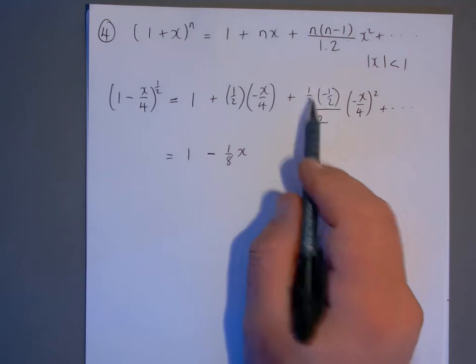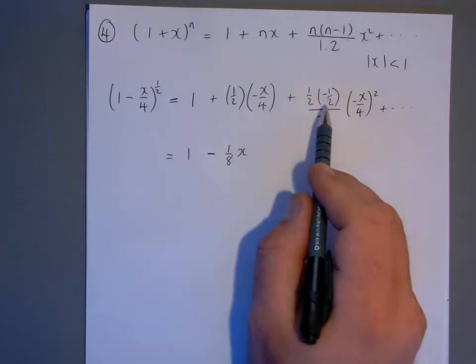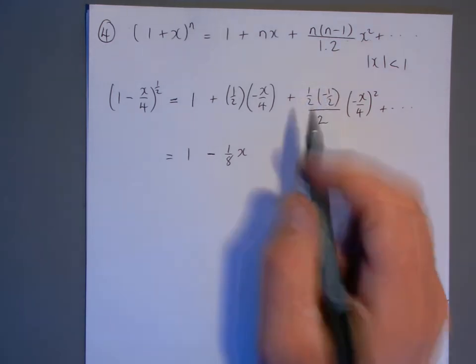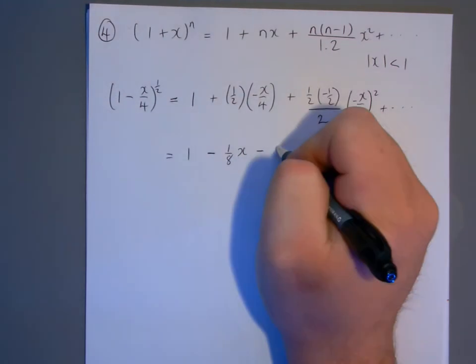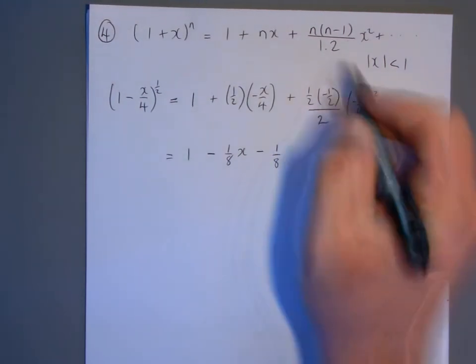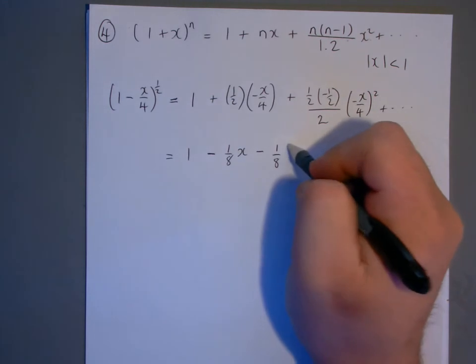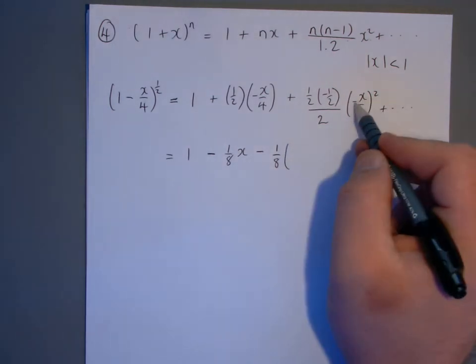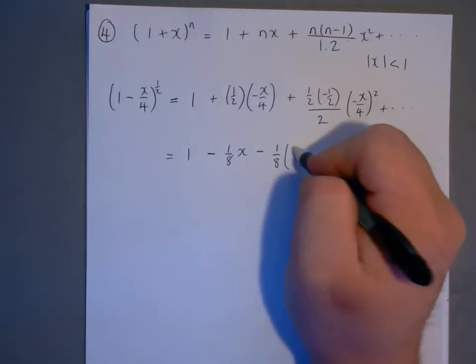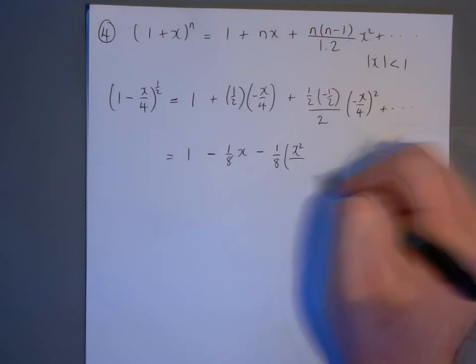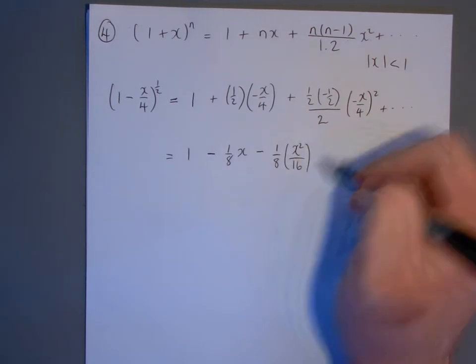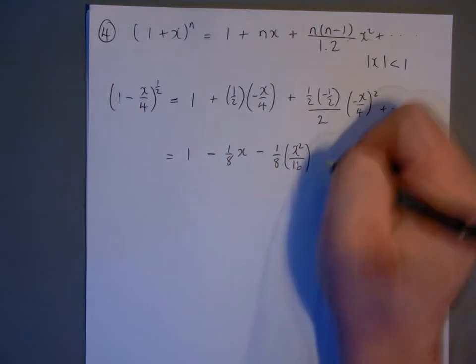Here then, let's work this out first. So half times negative half is negative a quarter, divide by 2 is negative an eighth. And in this bracket then, we've got to square it. So squaring it means the minus will disappear, that'll be x squared on top, and on the bottom you get 16, 4 squared is 16, plus dot dot dot.